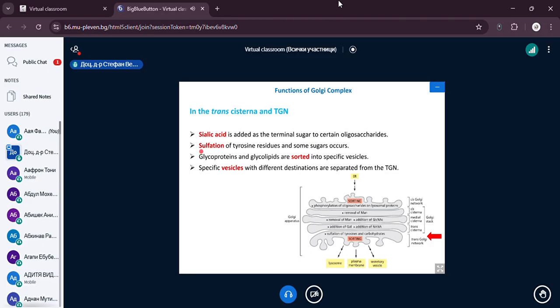And additionally, sulfate groups are being added to tyrosine residues of proteins and some sugars. Both sialic acid and the sulfate group look like this.